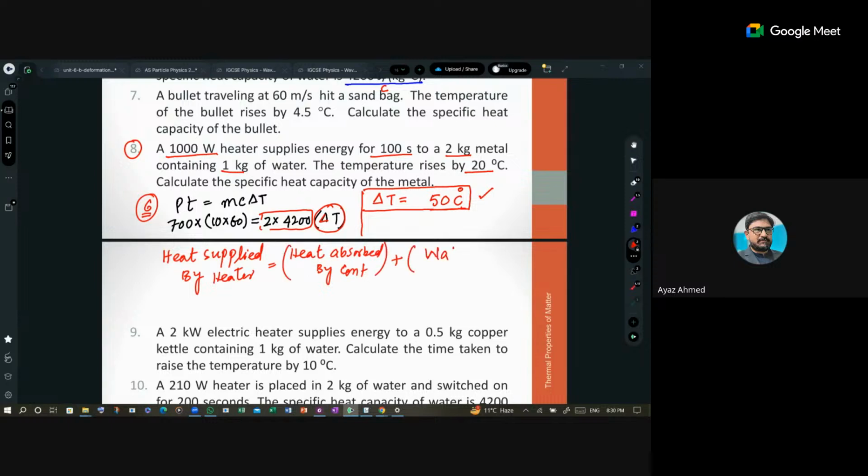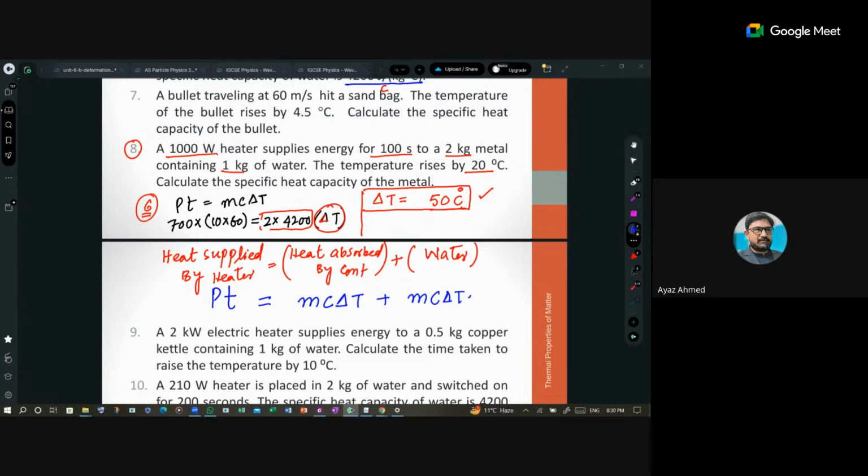Is it? Because both of the things are being heated now. So its heat is generated as PT because it is a power rated heater and it is working for time. Heat absorbed by the container is MC delta T of that container plus MC delta T of water.